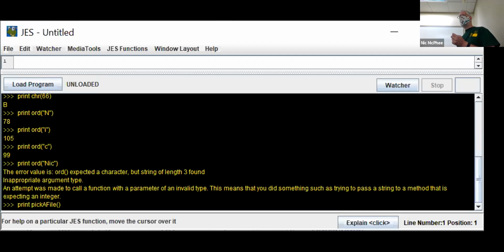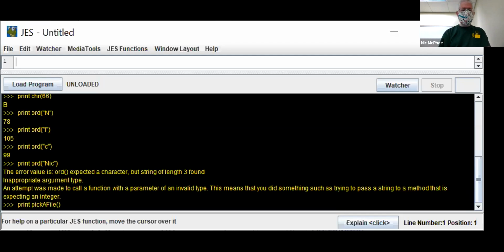This is called camel case because the case goes up and down and up and down, like the humps on a camel. They use camel case for the naming of their functions. So pick a file, we have a little p, and then a big A and a big F, okay?